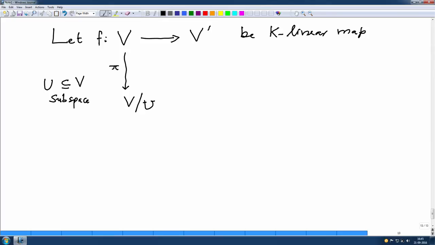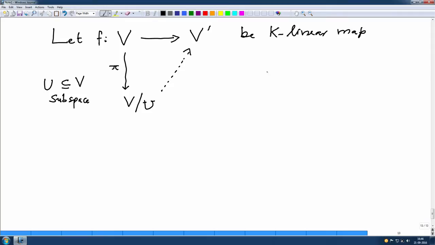Now, how are you going to compare this? That is what I want to analyze. When can I define a map from here to there? I am looking for a map from here to here, so that this diagram is commutative. That means when I go from V to V prime by F, I should be able to go from here to here like this composition. It may not exist always. So under what condition does it exist, and if F is injective, is this map injective, if F is surjective, is this map surjective, and so on.